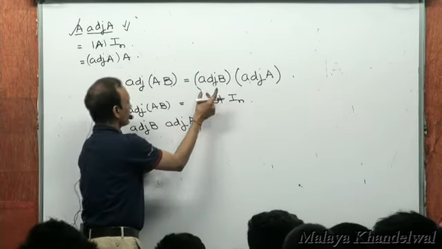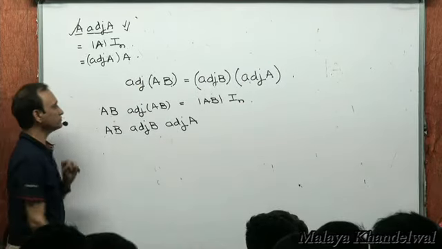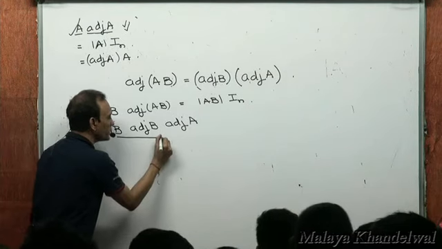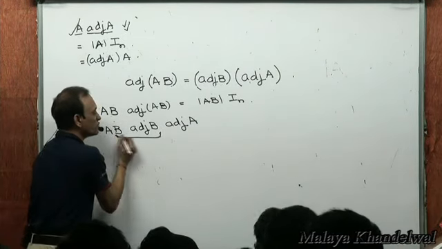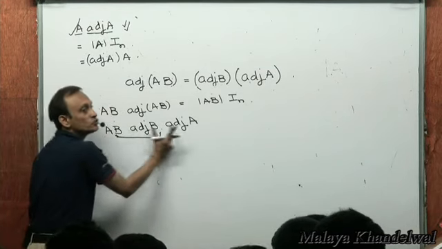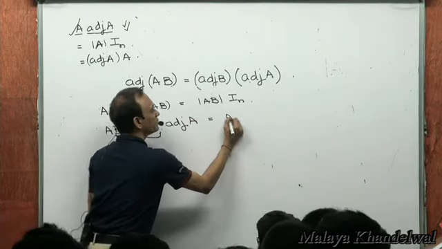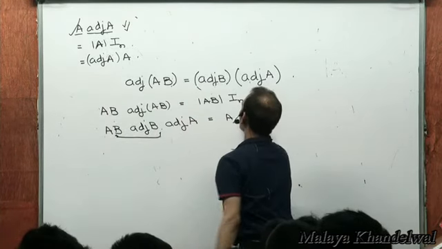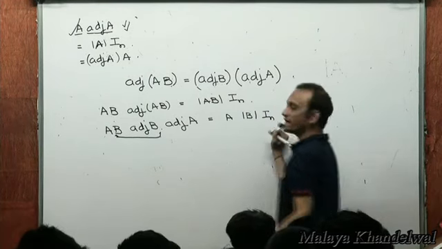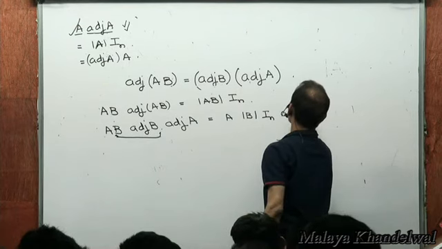I'm doing AB into adjoint B into adjoint A. Now B into adjoint B, a matrix into adjoint of that matrix, is what? Determinant of that matrix into a unit matrix. A into determinant of B into a unit matrix of the same order as B into adjoint A. Yes or no?